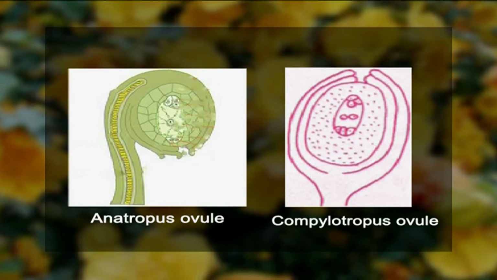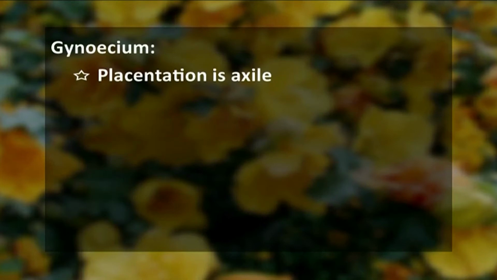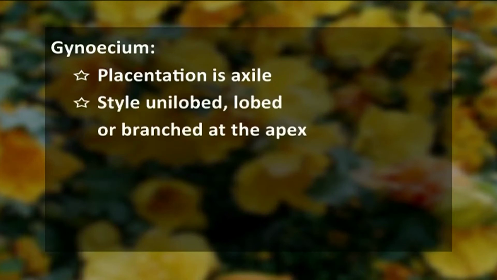It is bitegmic, crassinucellate. The placentation is characteristically axile, but sometimes in some plant species of Malvaceae we see it as marginal. The style is unlobed, lobed, or it can be branched at its apex.